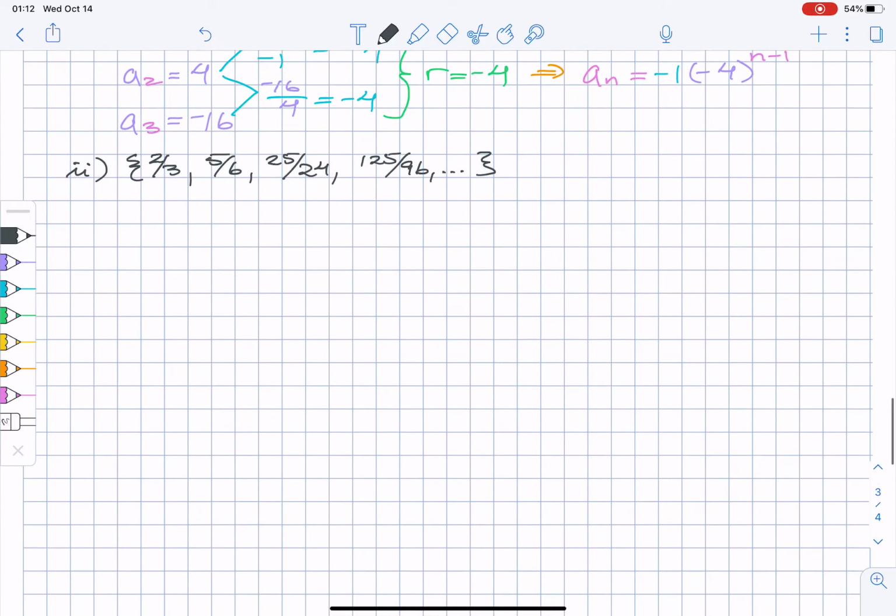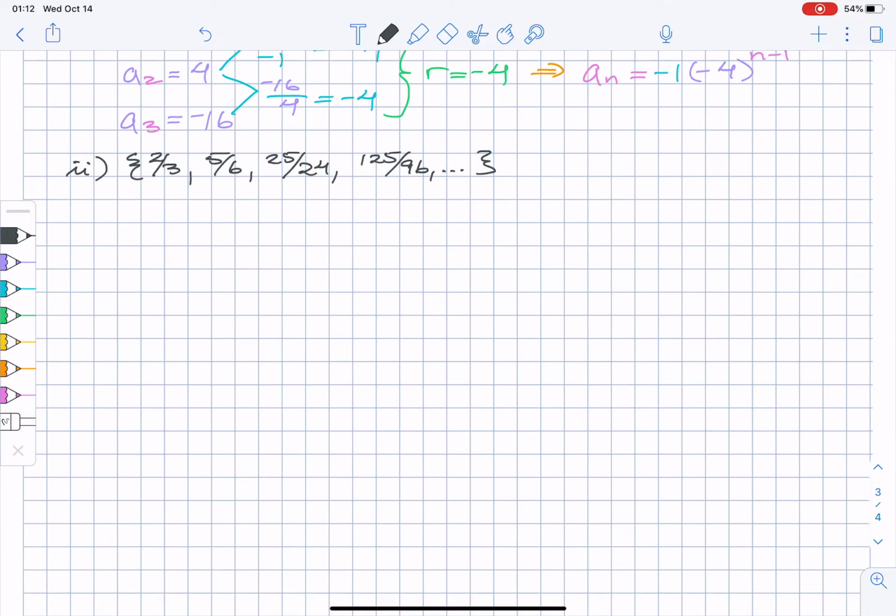Okay. So what do we have here? We have that A sub 1 is 2/3. We have that A sub 2 is 5/6. We have that A sub 3 is 25/24, and that should be enough.